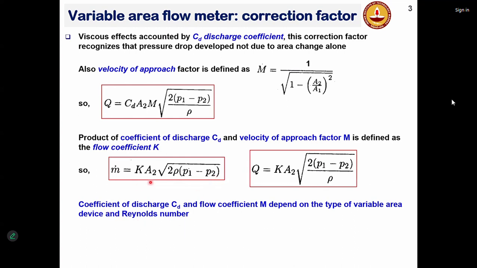Now this coefficient of discharge CD and the flow coefficient depend on the type of variable area device. Because depending on the type of variable area flow device, A1 and A2 can be significantly different. And depending on the Reynolds number, your pressure loss can be different.